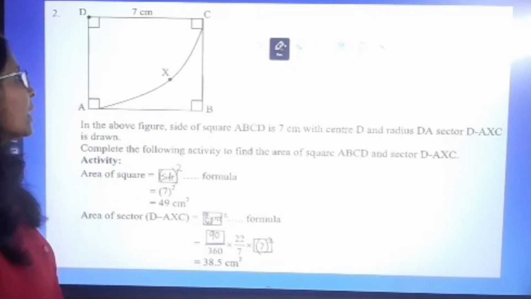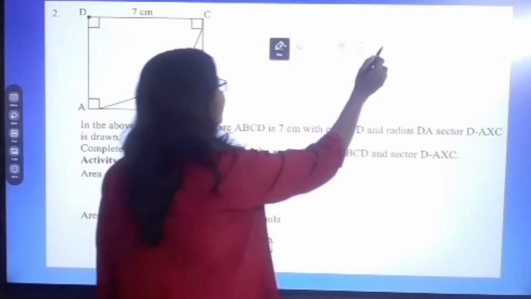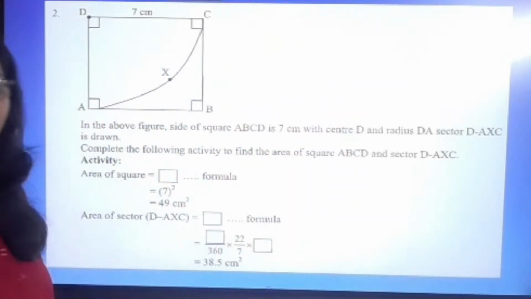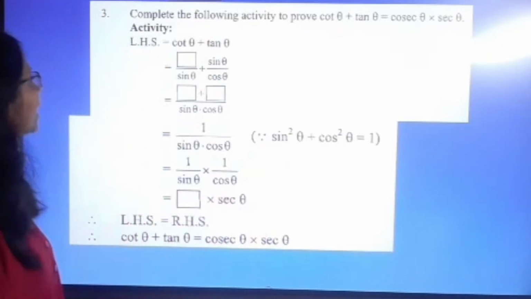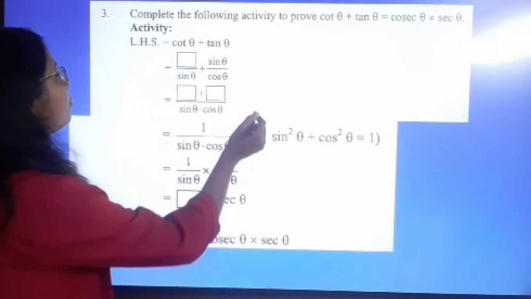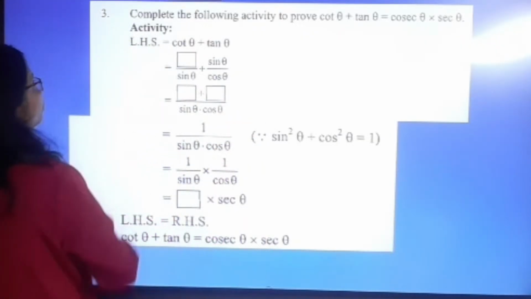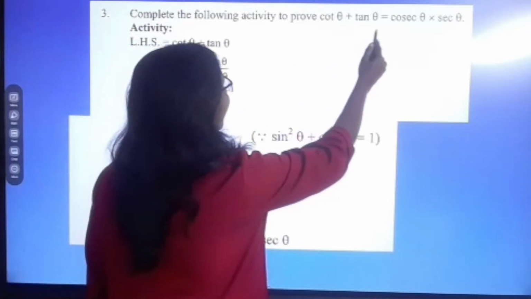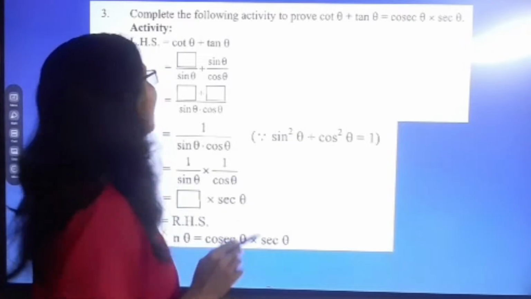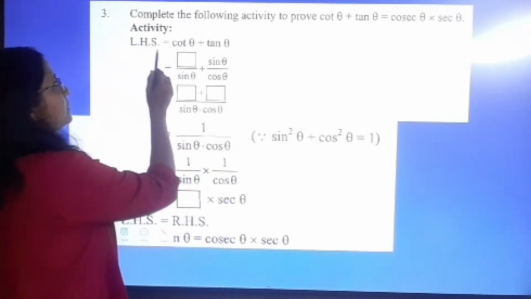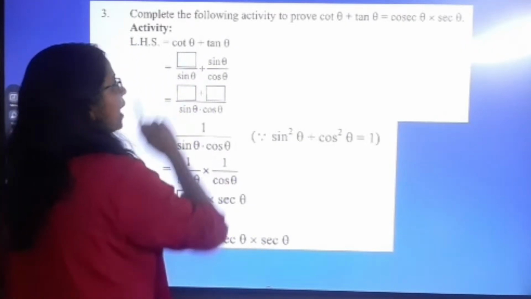Okay students, then come to the next activity. Complete the following activity to prove cot theta plus tan theta is equal to cosec theta multiply sec theta. In the activity, LHS is equal to cot theta plus tan theta.